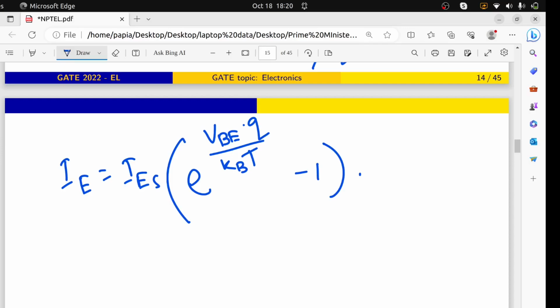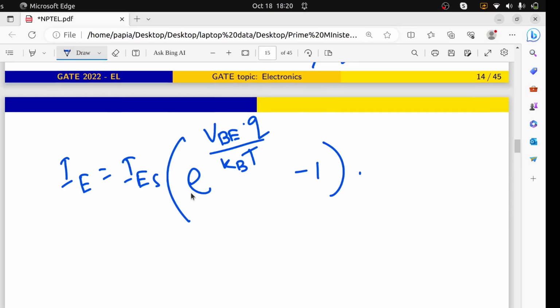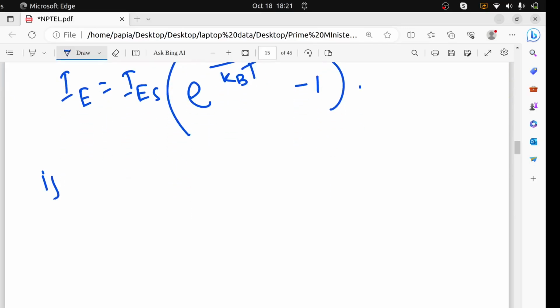And how does it depend on temperature? See, if temperature is increasing, then our VT is increasing. If VT is increasing, as a whole this term is decreasing, right? If it is decreasing, then obviously IE is also decreasing.